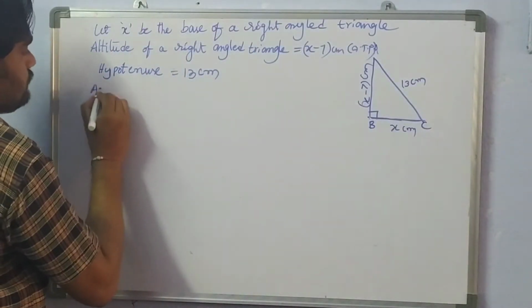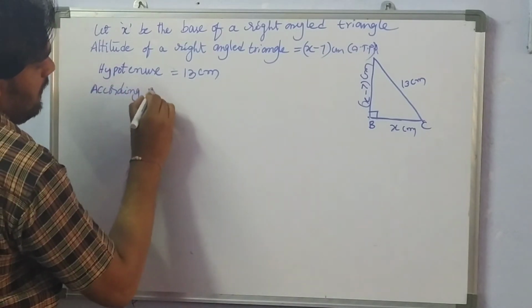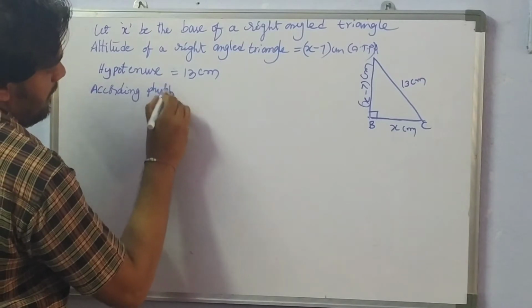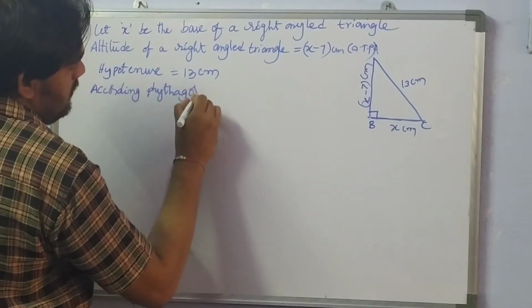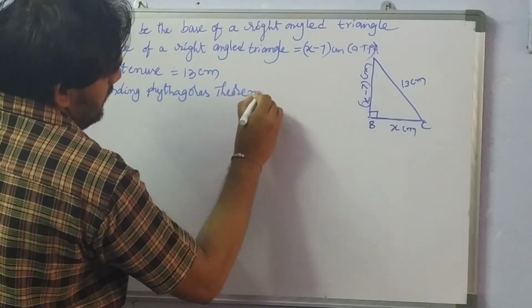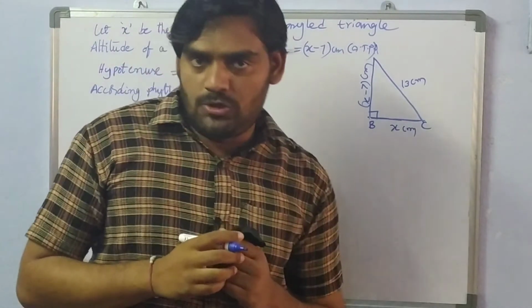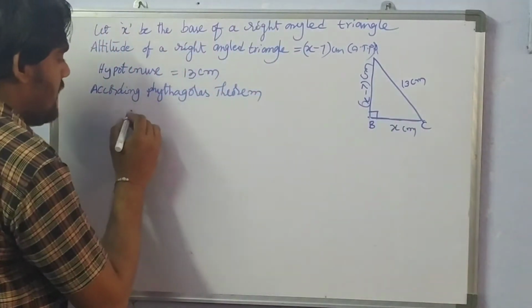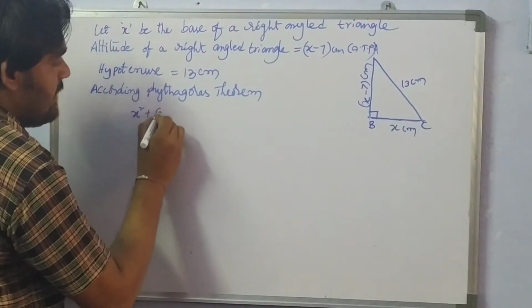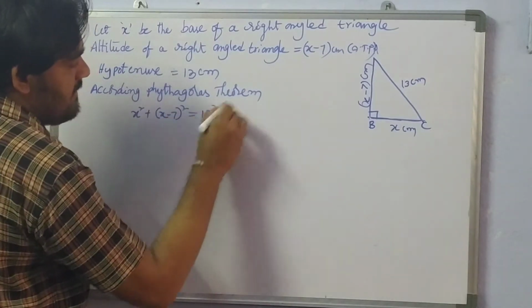According to Pythagoras theorem, side square plus side square is equal to hypotenuse square. Here x square plus x minus 7 whole square is equal to 13 square.